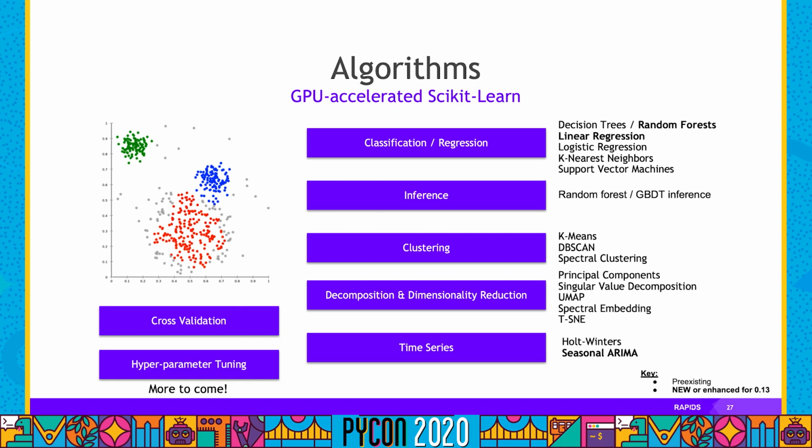We have inference, including random forest inference, which we're going to show you a little bit. Clustering, k-means, DBSCAN, spectral, all the way to dimensionality reduction with UMAP and t-SNE, PCA, some time series analytics, cross-validation, hyperparameter tuning. You know, I don't have enough time to go into all of it, but there's a lot there.